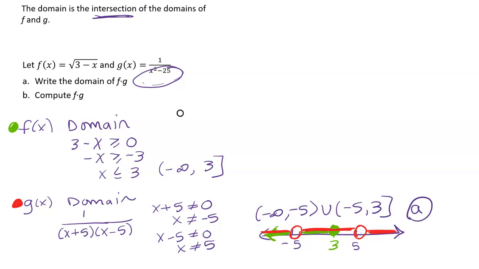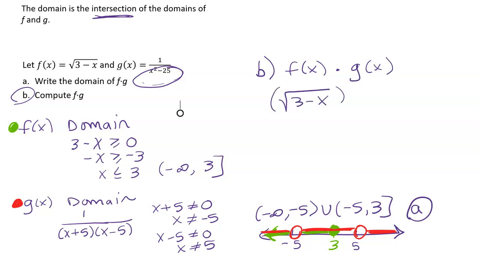For part B, we're going to actually compute the product. So I'll do that up here, and I'm going to take my f of x and multiply it to my g of x. Well, f of x is square root of 3 minus x. I'm going to multiply that to g of x, which is 1 over x squared minus 25.